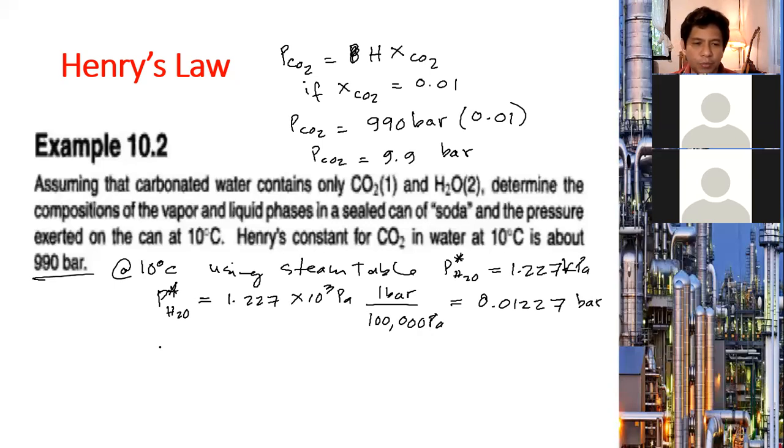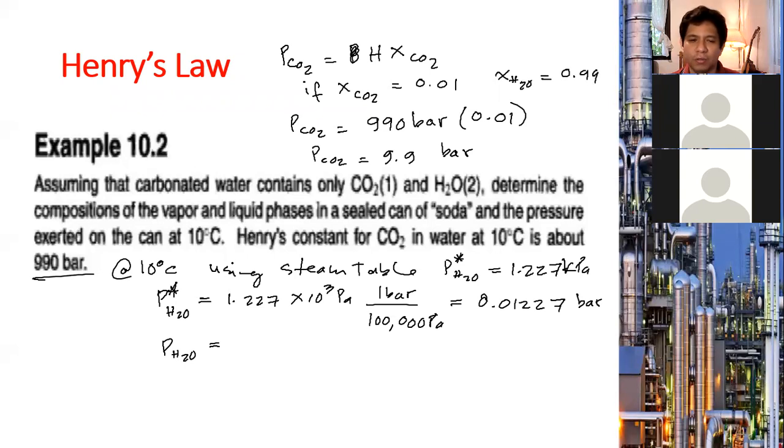Let's calculate pH2O. Anong formula ng pH2O? Wala naman tayong Henry's law constant, at saka mataas yung XH2O natin, 0.99, di ba? Remember, kung 0.01 yung XCO2 natin, yung XH2O ay 0.99.